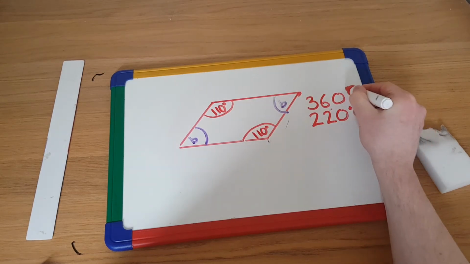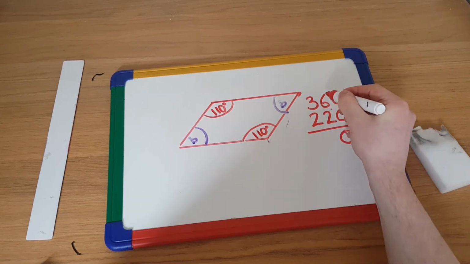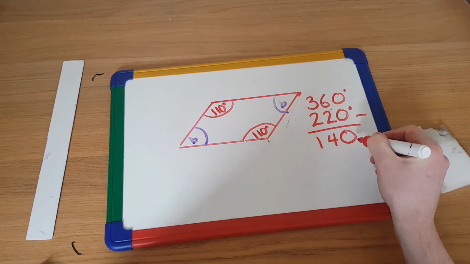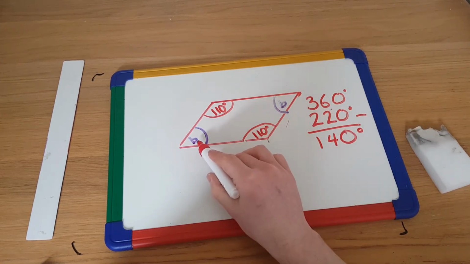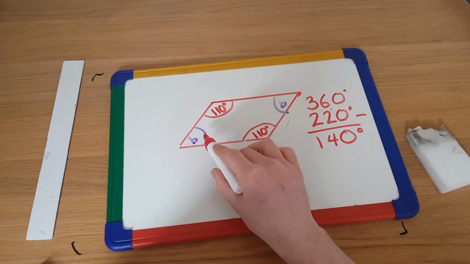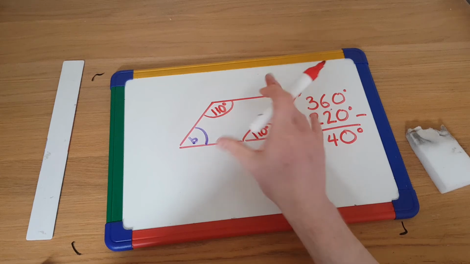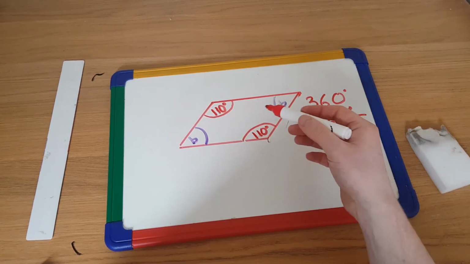So if I take them away, 0 take away 0 is 0, 6 tens take away 2 tens is 4 tens, and 300 take away 200 is 100. I've got 140 degrees left, but I've got two angles, and I know they're both exactly the same. So what I can do is share these degrees equally between the two angles, or divide them by 2.